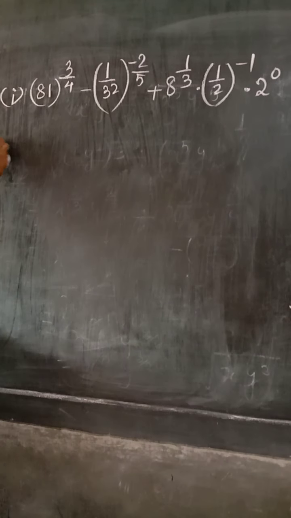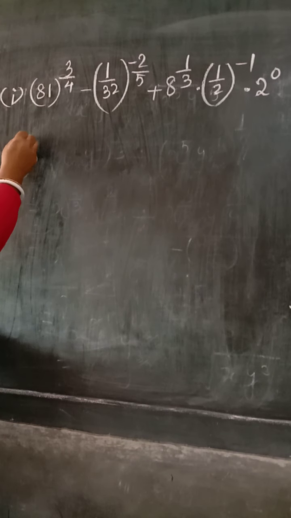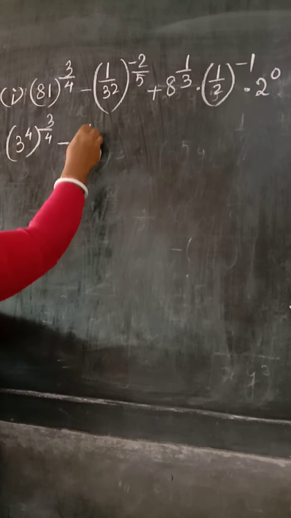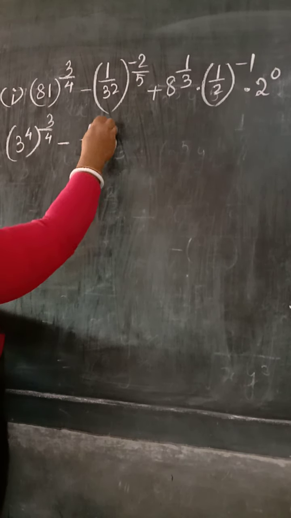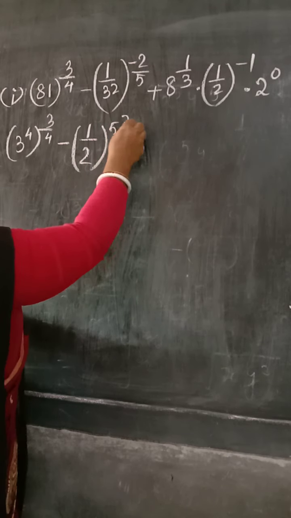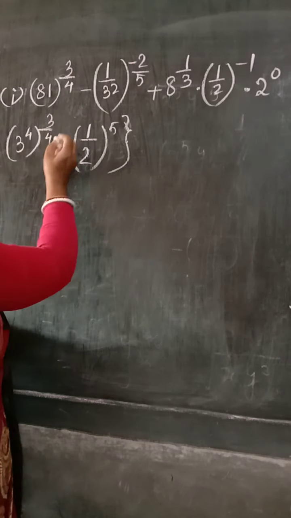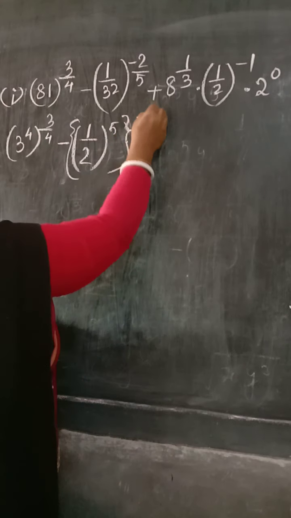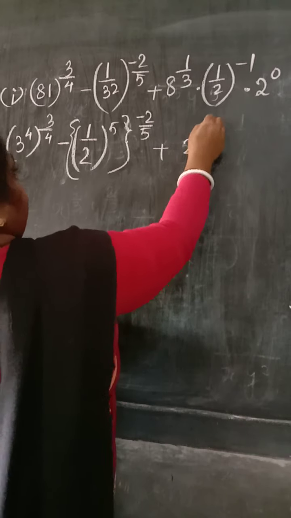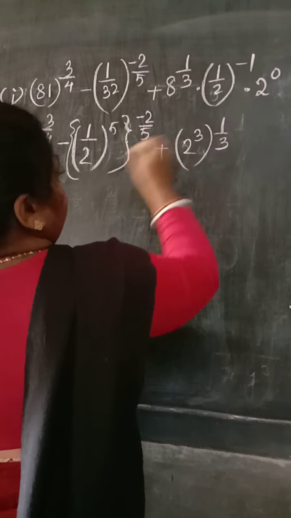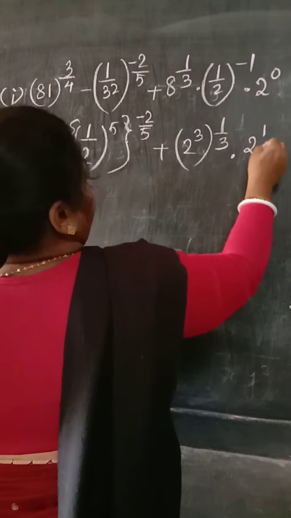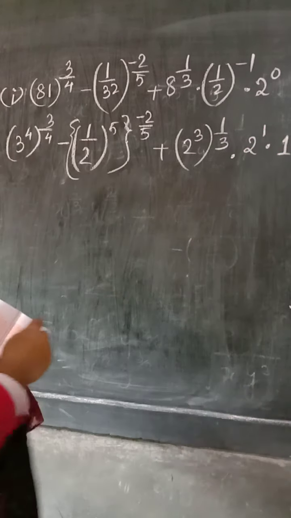Now we will be solving it. This can be written as (3 to the power 4) to the power 3 by 4 minus (1 by 2 to the power 5) whole to the power minus 2 by 5 plus (2 cubed) whole to the power 1 by 3 into (1 by 2) to the power minus 1, so 2 to the power 1 into 1.